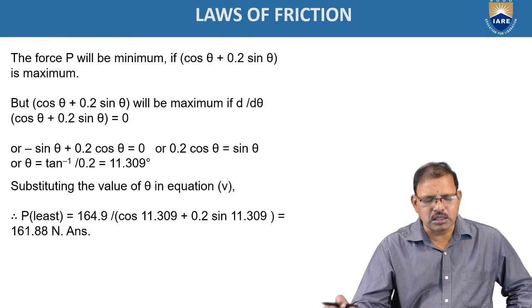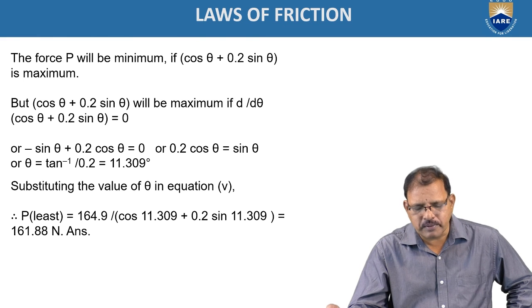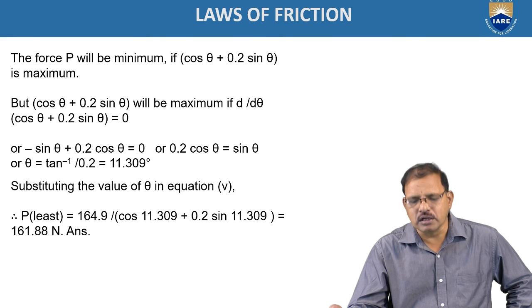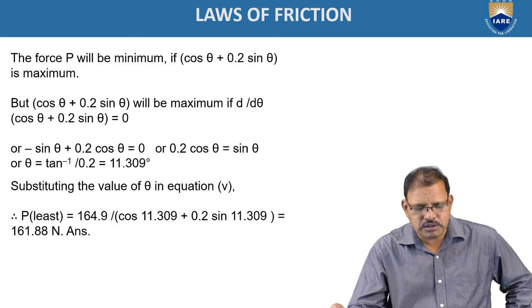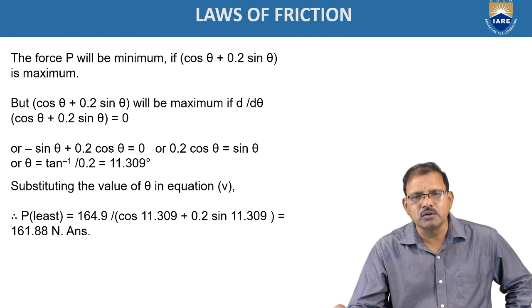That means cos theta plus 0.2 sin theta will be maximum if the differentiation with respect to theta is equal to 0. So on differentiation, minus sin theta plus 0.2 cos theta is equal to 0. Or in other words, 0.2 cos theta is equal to sin theta, or tan theta is equal to 0.2.